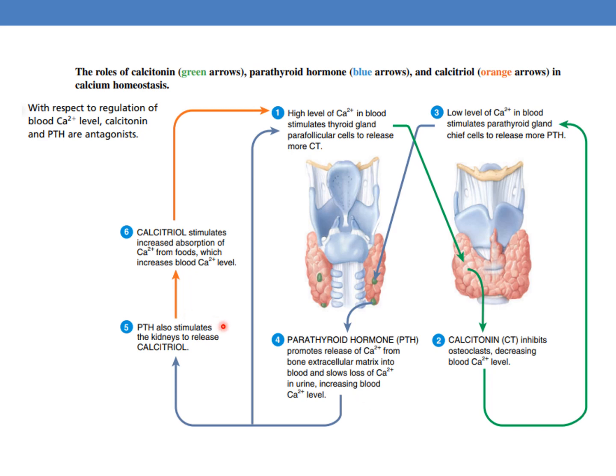Parathyroid hormone also stimulates the kidneys to release calcitriol. This calcitriol stimulates the increased absorption of calcium from food, which increases the blood level. So both parathyroid hormone and calcitriol increase the calcium levels in the blood, whereas calcitonin decreases the blood calcium levels.